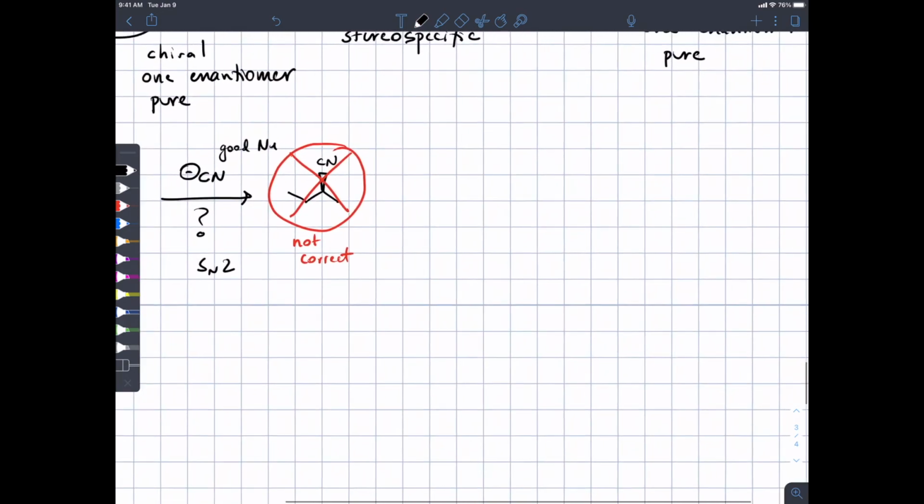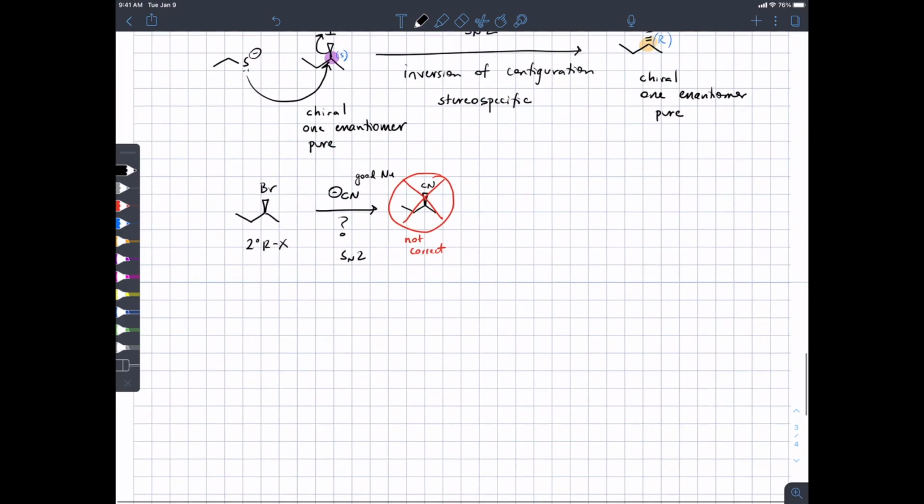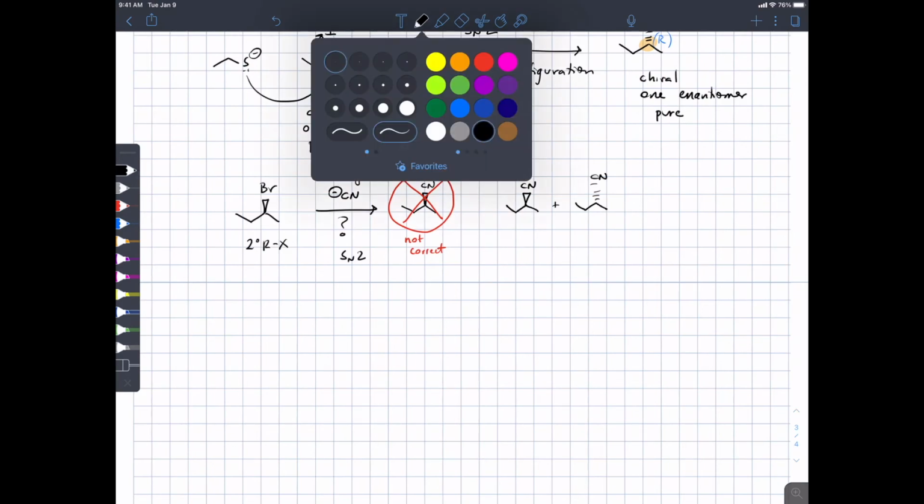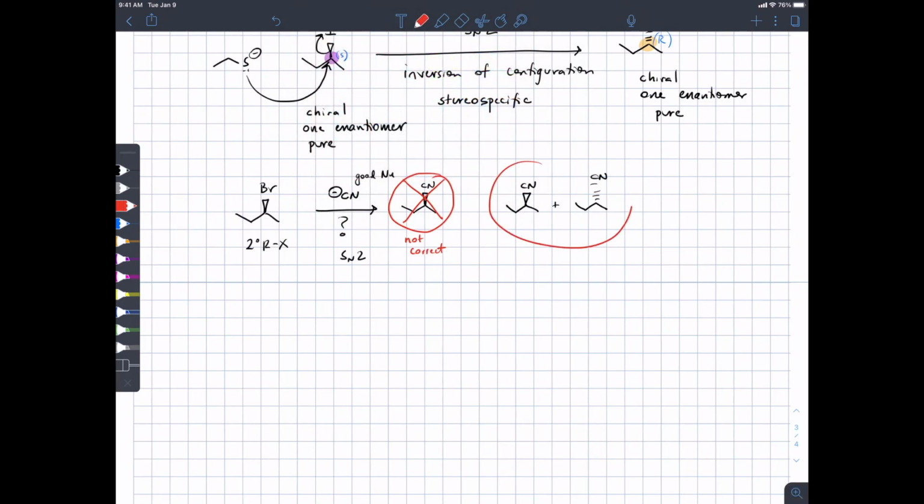You might also be tempted to hedge your bets and say, well, just for fun, I better draw both enantiomers. That is also wrong. That is not a consequence of the SN2 reaction. The SN2 reaction does not take a chiral molecule and turn it into a racemic mixture.